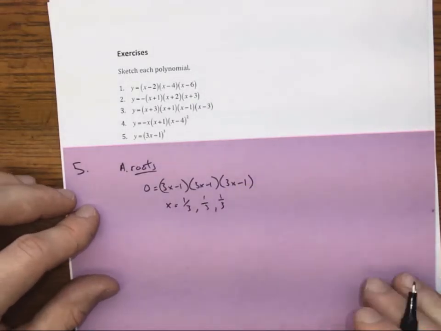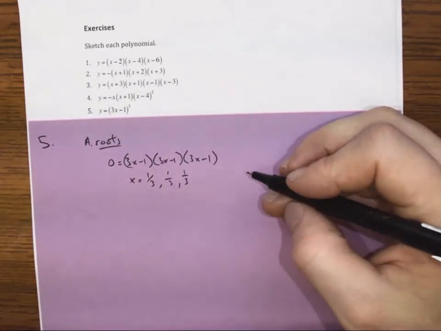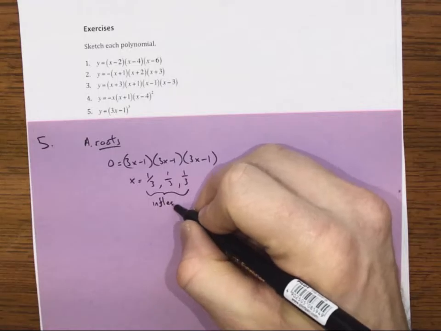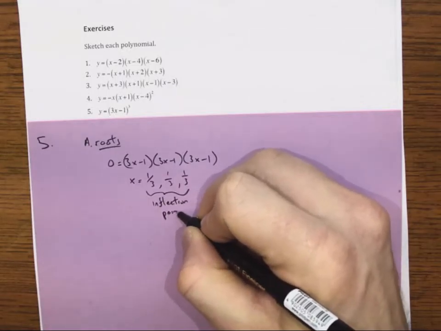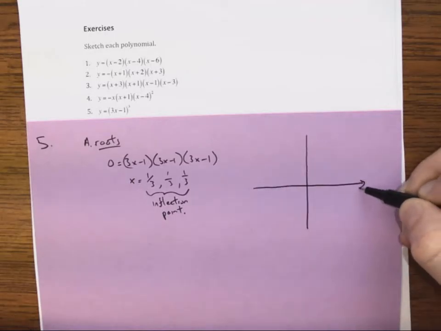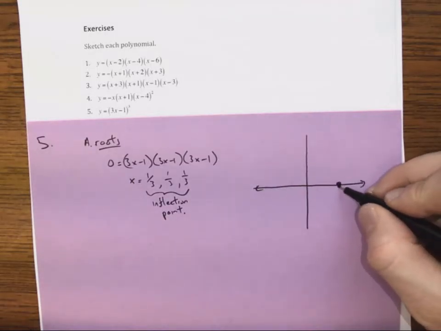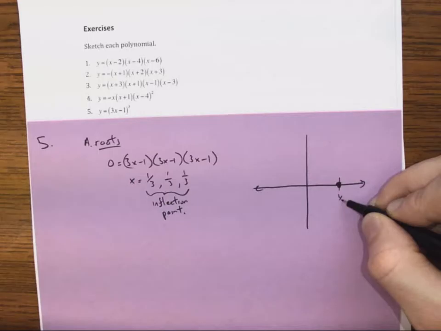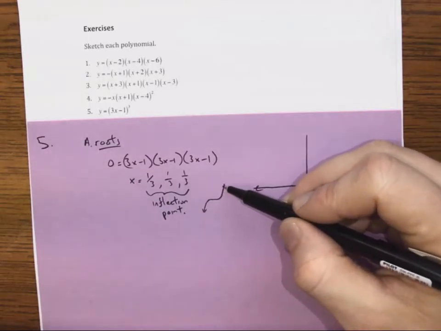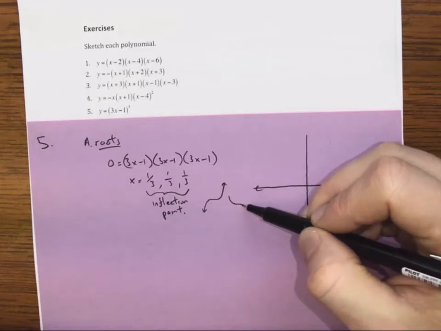Don't really need to list it twice, but we do have 3 equal roots. And this means we're going to get an inflection point. Okay, so that means at this point, 1/3, we're going to get a saddle point. So it's either going to look something like that, or maybe something like that.